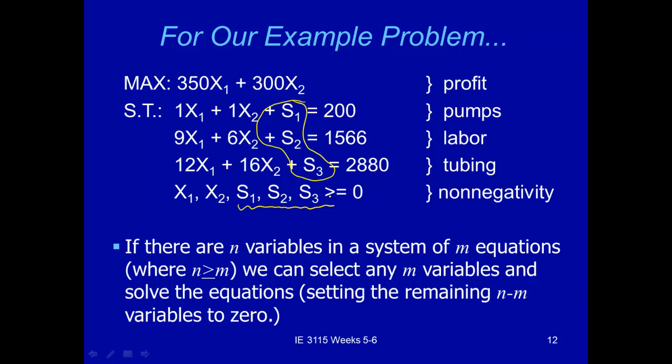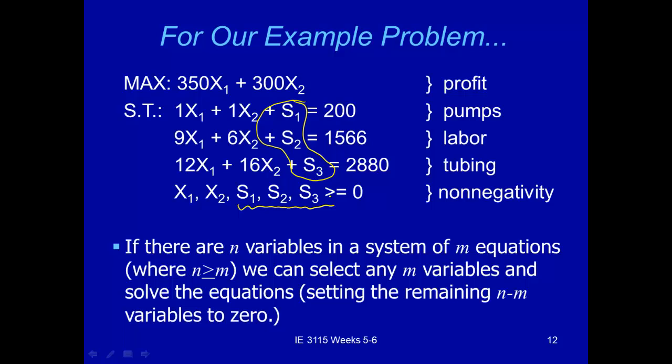If there are n variables in a system of m equations, where n is greater than or equal to m, meaning we have more variables than equations, we can select any m variables and solve the equations, and set the remaining variables to be 0.